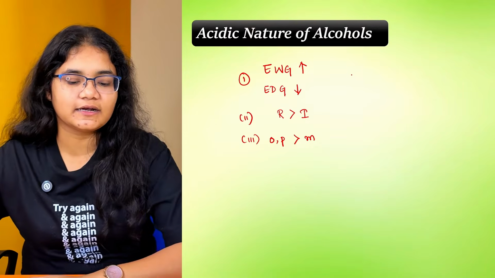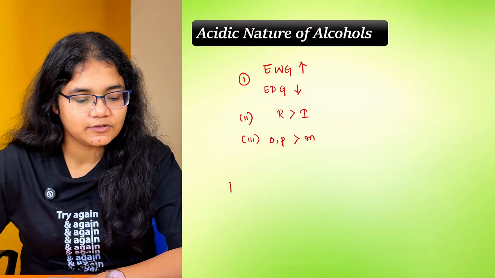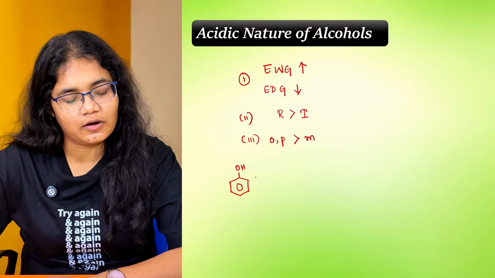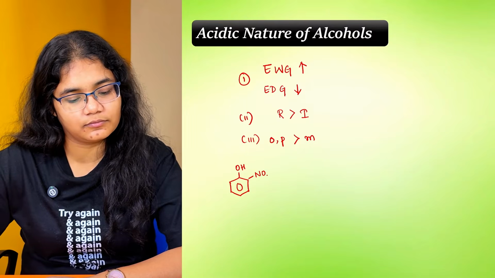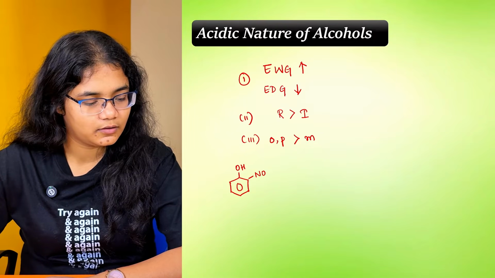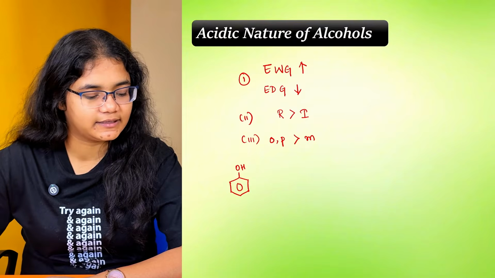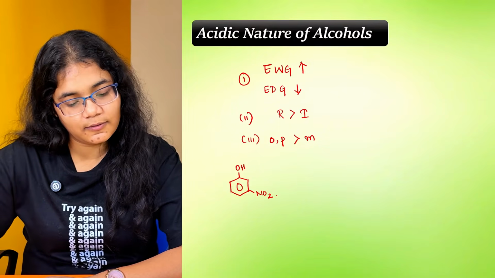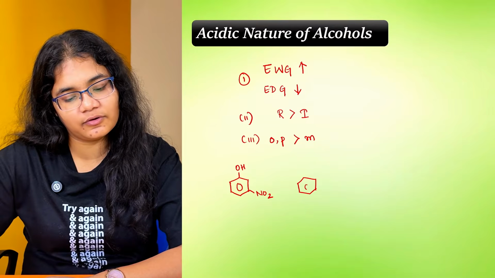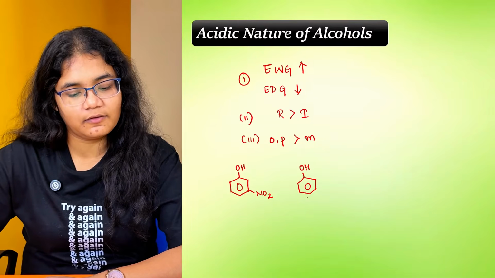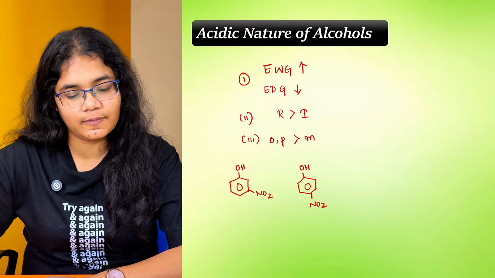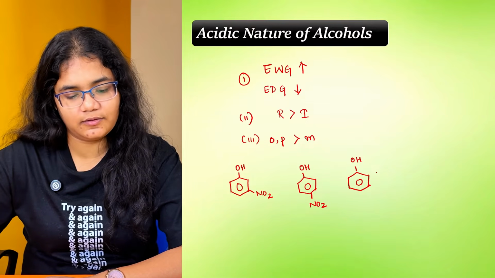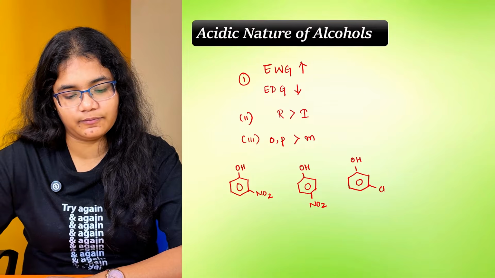Now let us understand this with an example. Let me take an example like this. You have OH with an NO2 group here, and you have OH with an NO2 group here, and you have OH with a CH3 group here.